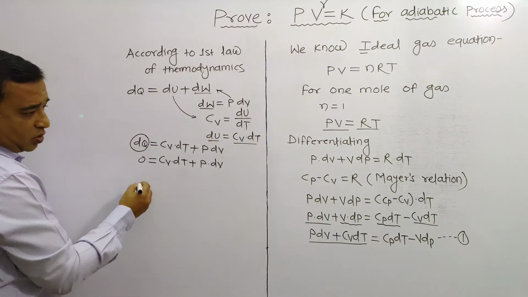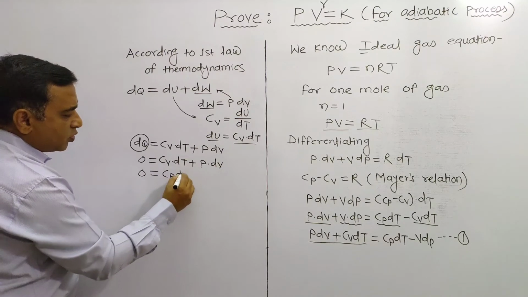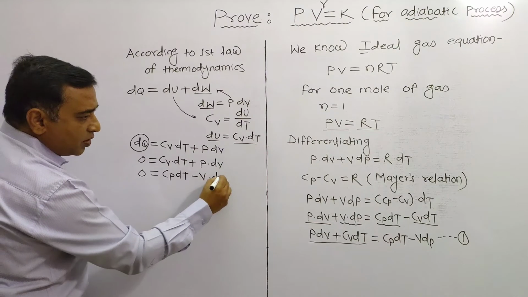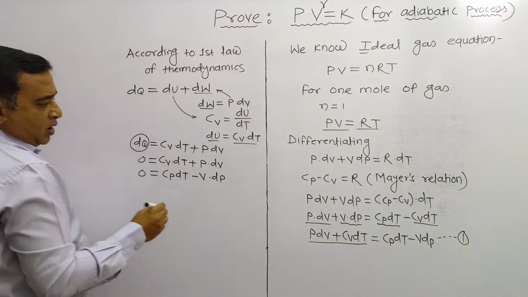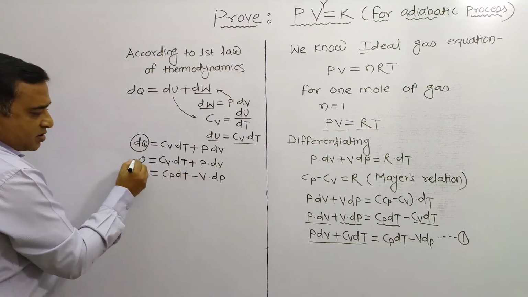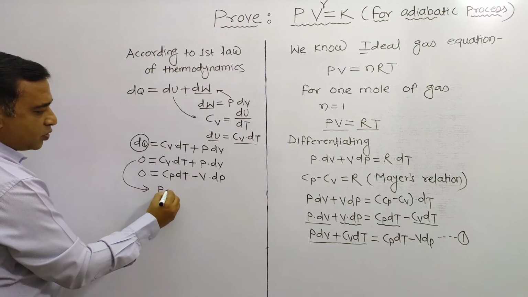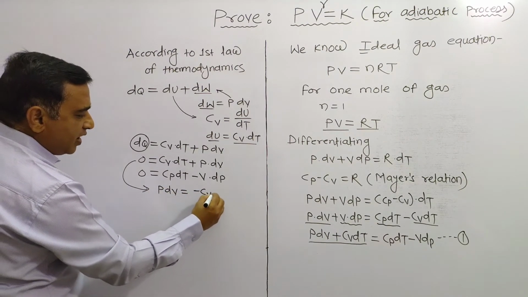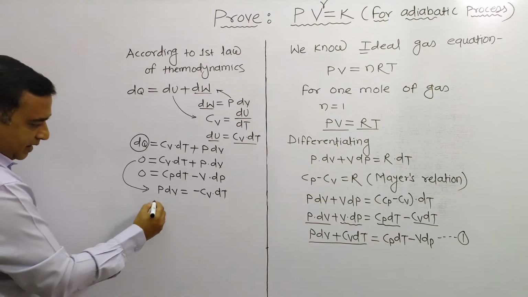That means I am also going to write 0 is equal to Cp dT minus V dP. This is also 0. Just changing the terms, here it is: P dV is equal to minus Cv dT.